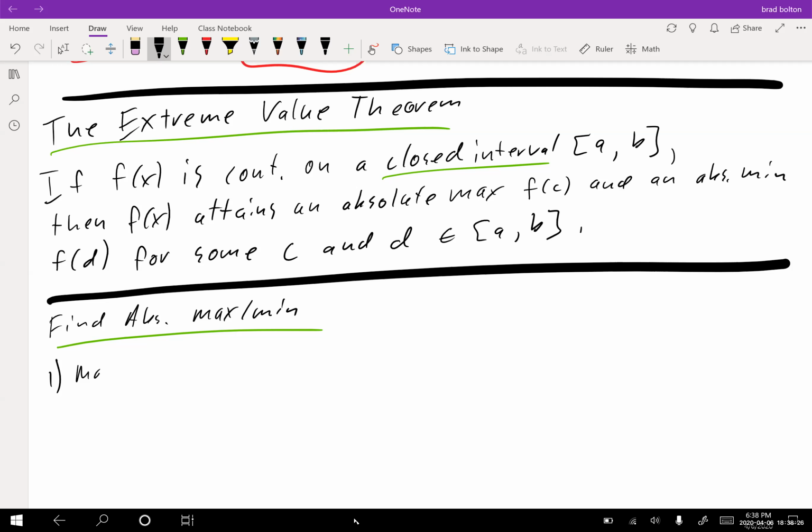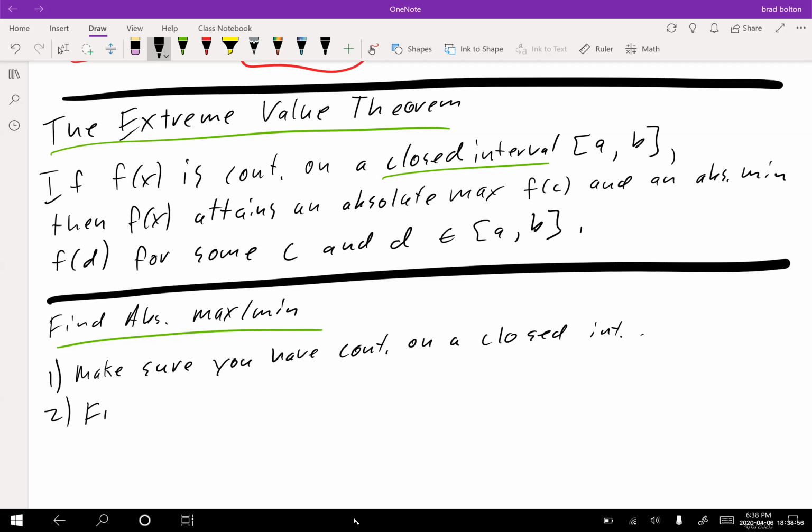Make sure you have continuity on a closed interval. In general, that oftentimes seems like an afterthought. I shouldn't say an afterthought, but for a lot of the problems, it's going to be, because I'm trying to get you to answer certain questions.